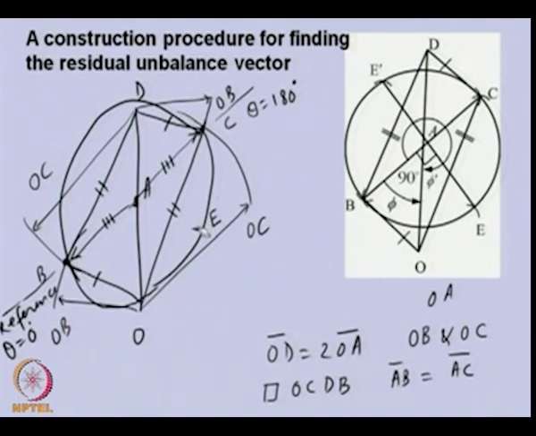Now we can see that this direction is 90 degree, because we have kept the trial mass at 90 degree and we are getting the intercept here. And if the system is linear, we find that this particular angle will be approximately 90 degree. Here it is clear that E's intercept is perfectly at 90 degree.